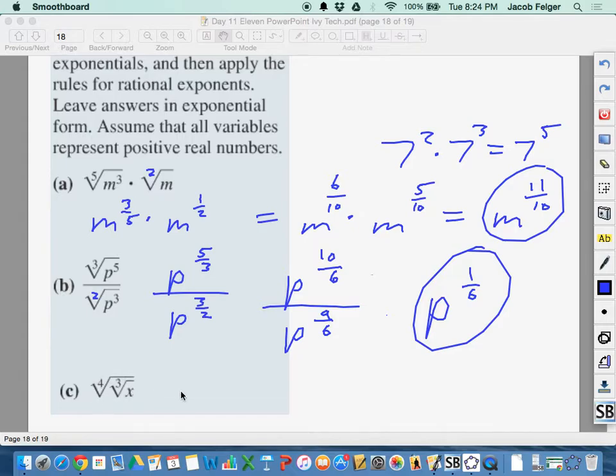And then, wow, look at that thing. Any ideas? Just focus on the middle, the inside. That'd be x to the, and then let's put parentheses around that because the whole thing is to the 4th. So what would we do for that rule?